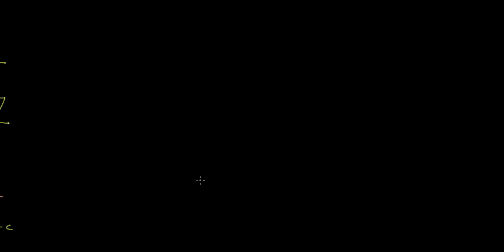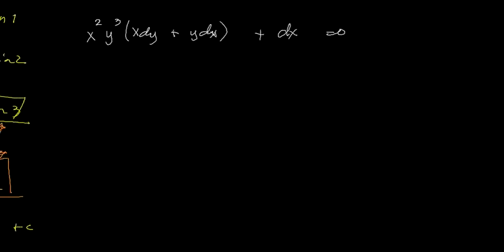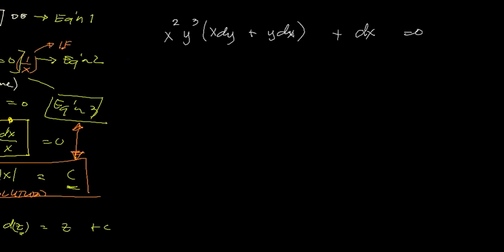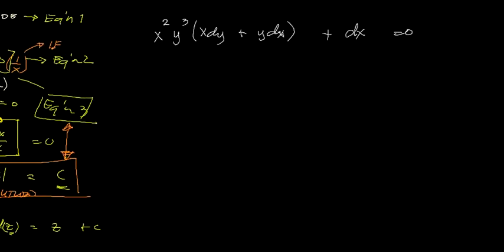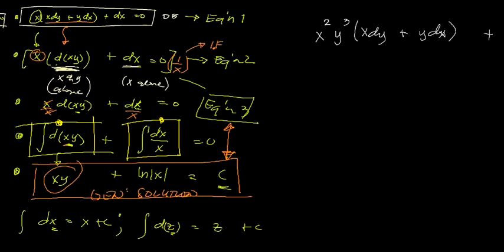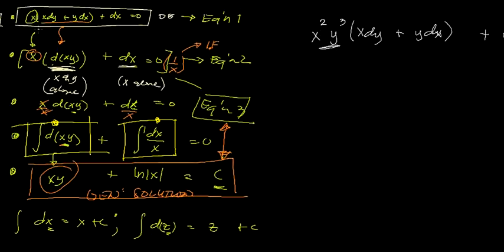Let's have another example. Say we have x squared y cubed (x dy plus y dx) plus dx is equal to 0. As you've noticed, it's like our last example, but we have some different variables.